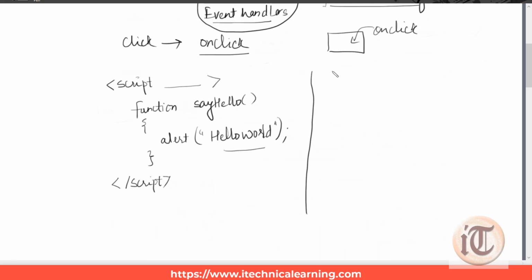So suppose I am continuing with my code. I am entering the HTML part, that is the body, and inside the body I have a form, and inside the form I am creating a button. So I have an input type equals button.